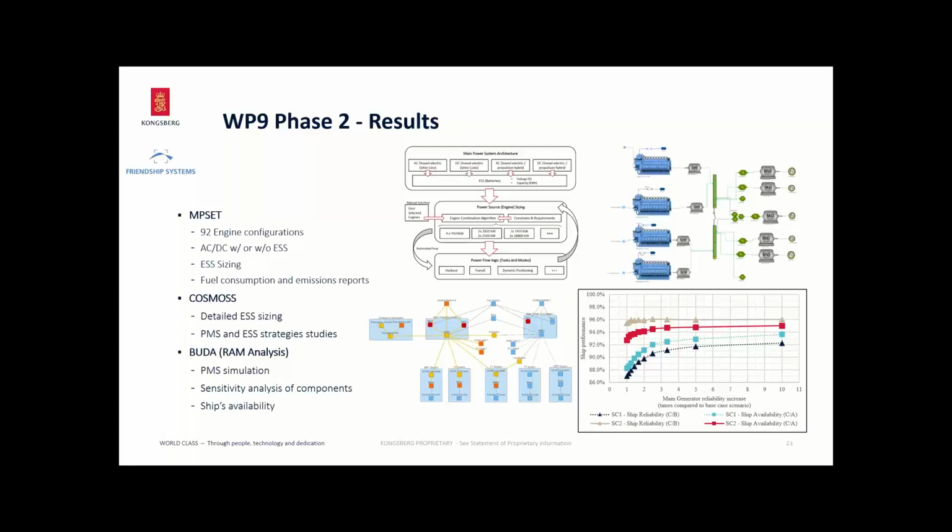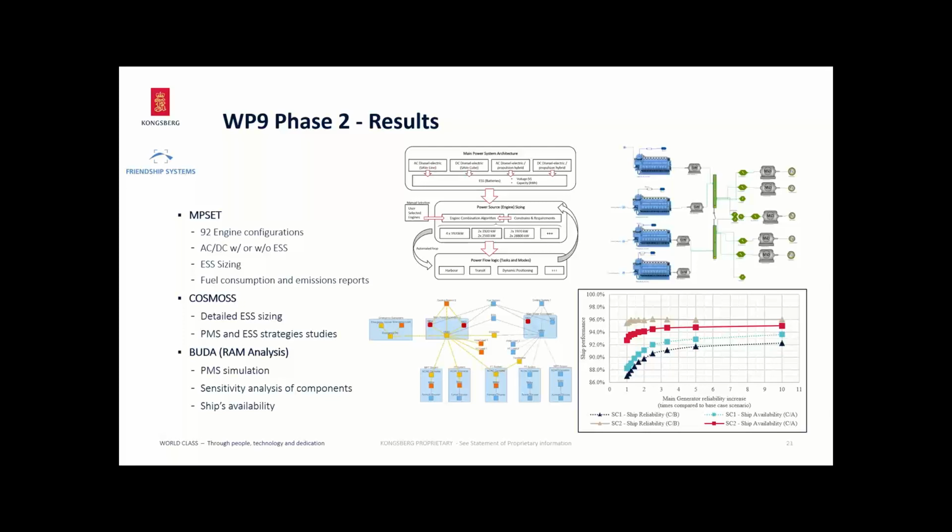This design then follows through phase 2, which was power system design and optimization, partially done with MPSat, a tool developed and used by Kongsberg. It runs through a database of engines, combines all of them, alternating currents, direct currents with or without batteries.